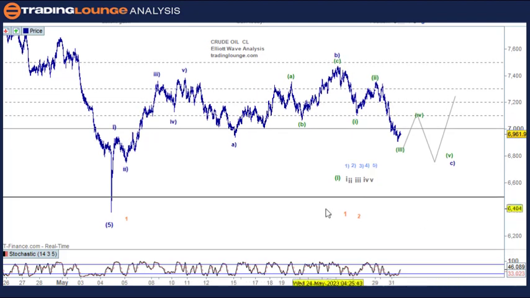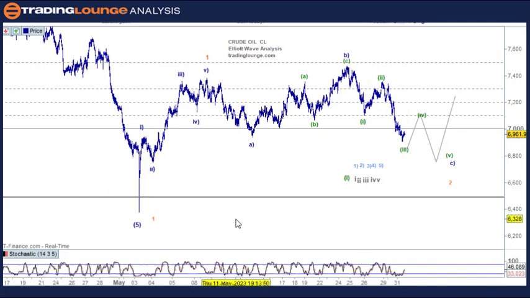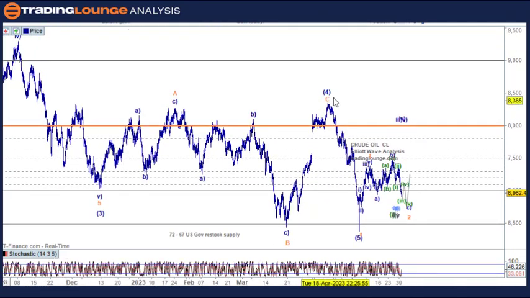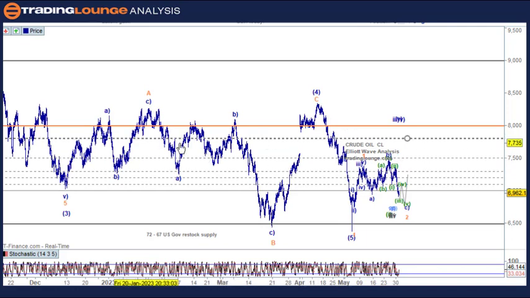Let's go. I mean, we could look at it as an A wave. We could also look at it as wave 1 here and wave 2 over here. A bit of a long shot, because we're calling this in as a low down here, but as wave 5. I mean, this is definitely a wave 4 here, and everything's gone quite well. And because it's a wave 4, then it's possible that we've got a low in here.